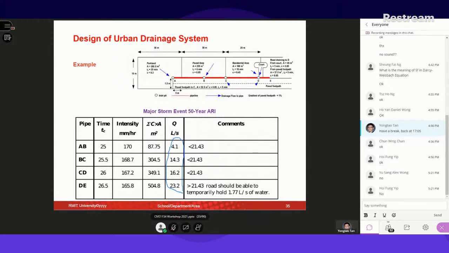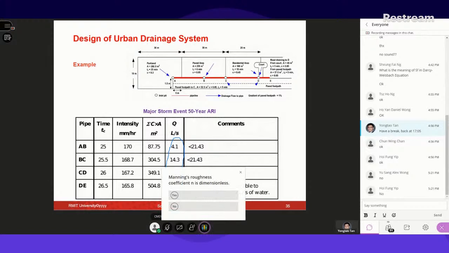I'm not sure whether you noticed the Manning roughness coefficient. It is a true or false poll about the Manning roughness coefficient: is it dimensionless or not dimensionless?